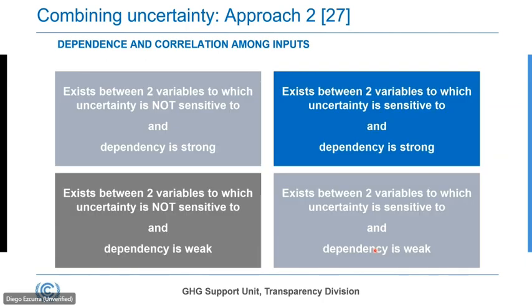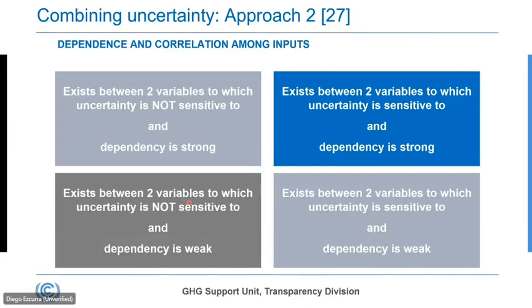And in doing that, we have the combination of the two variables, and we have four situations. A situation where if we have no dependency at all, that's great. We can continue without worrying. But if we see correlation, if the correlation is weak and the impact of those variables into the total uncertainty is low, we don't have to worry at all.